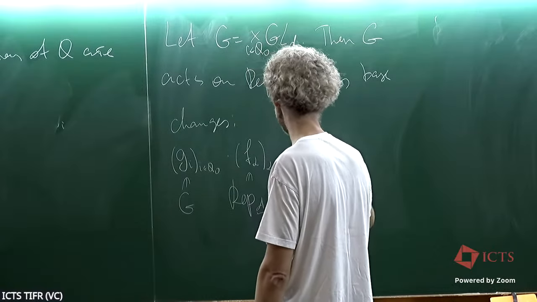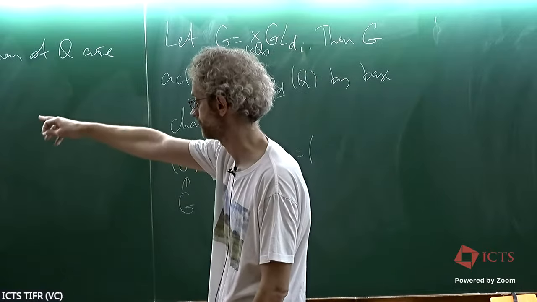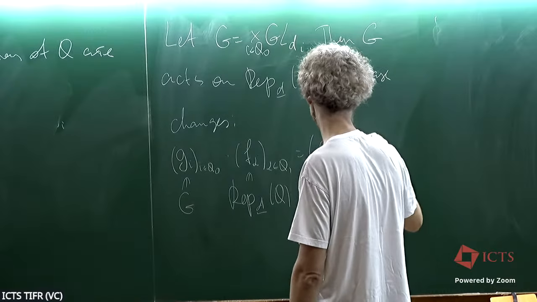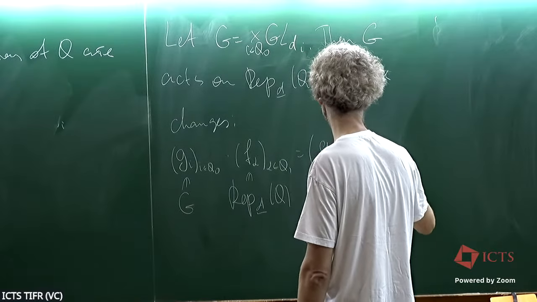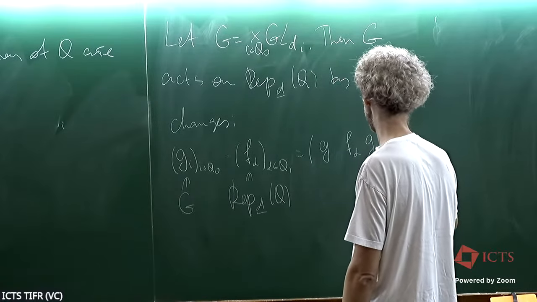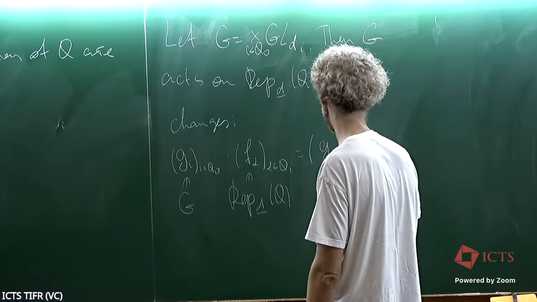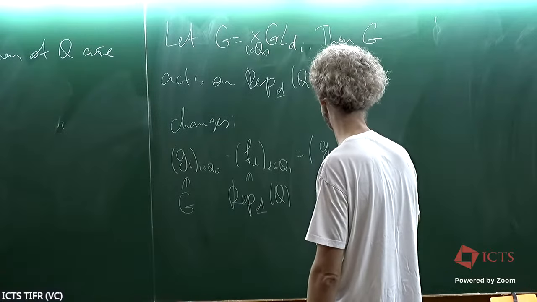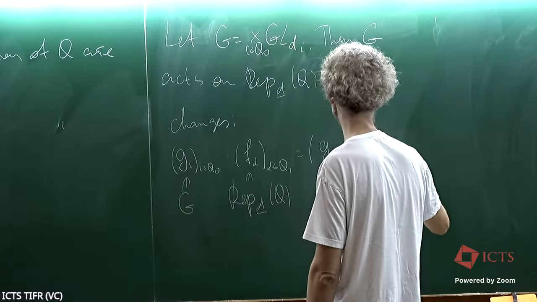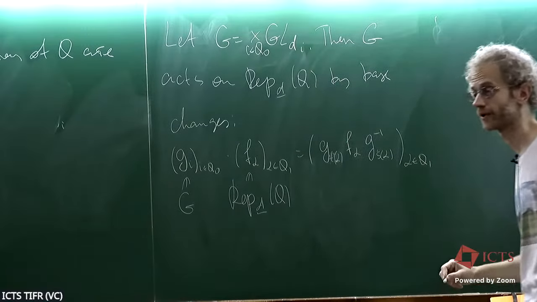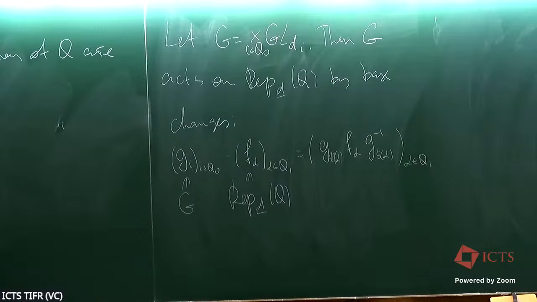Then what we get is g_{t(alpha)} f_alpha g_{s(alpha)} inverse, where we put the target of alpha and the inverse of g at the source of alpha. Just the base change, which corresponds to this picture here.